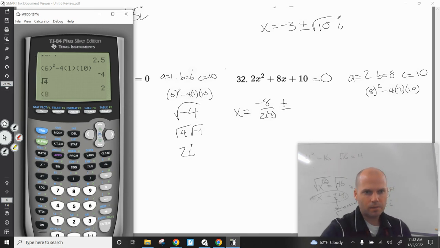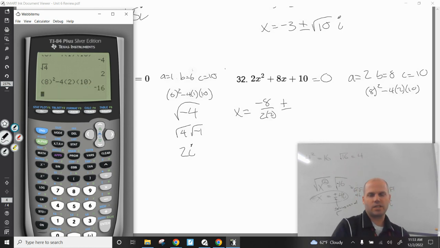Parentheses, B squared minus 4ac, negative 16. Can you simplify that? Yes. Well, that's what's under the root.